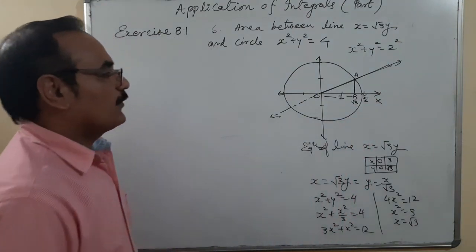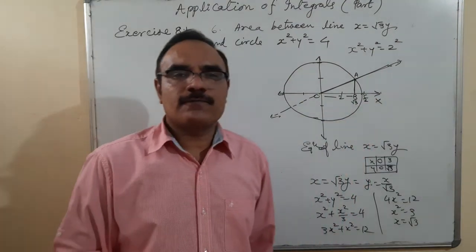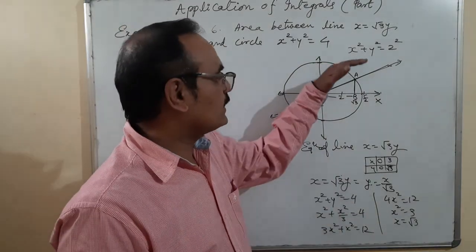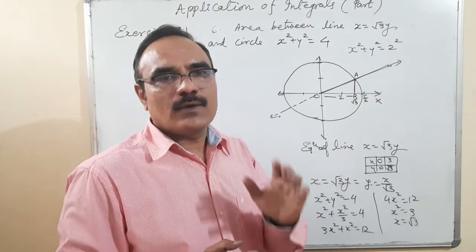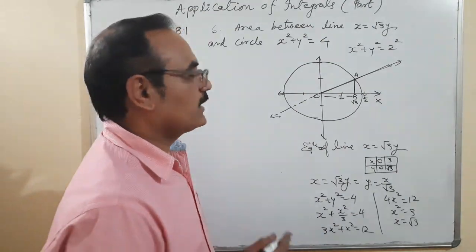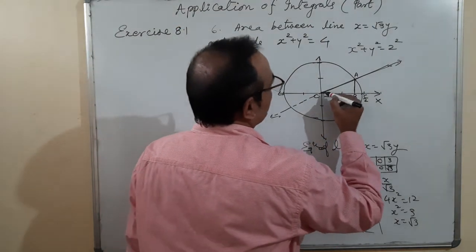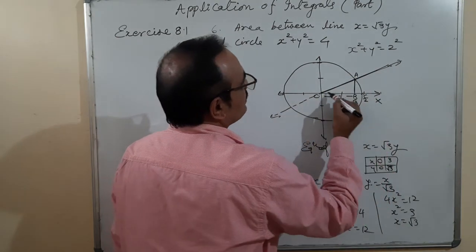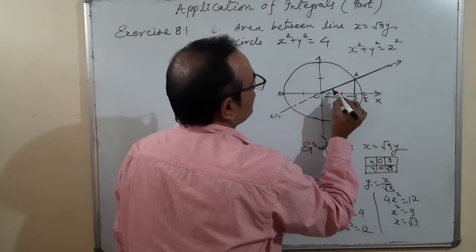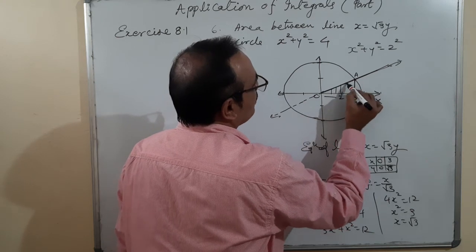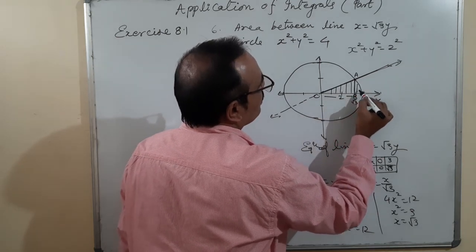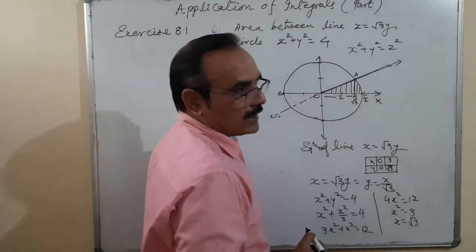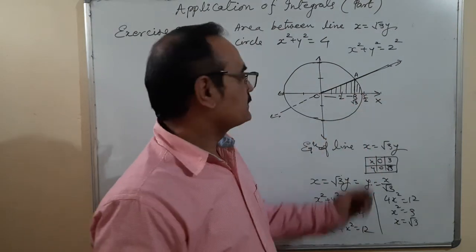We are going to find the area in the first quadrant bounded by the line and circle. This is the line and this is the circle in the first quadrant. So we are finding this area. But this area is not a single area. This area is made by two different things.